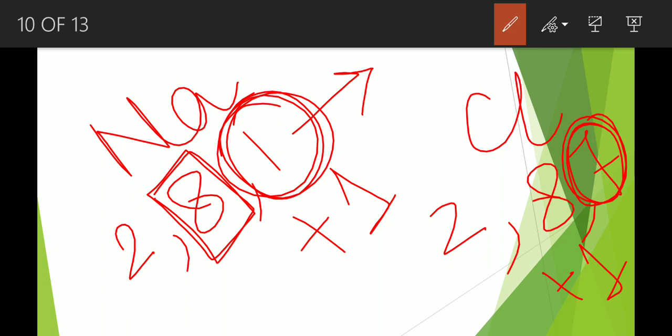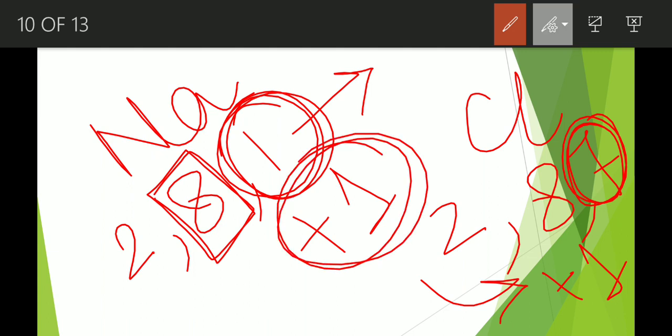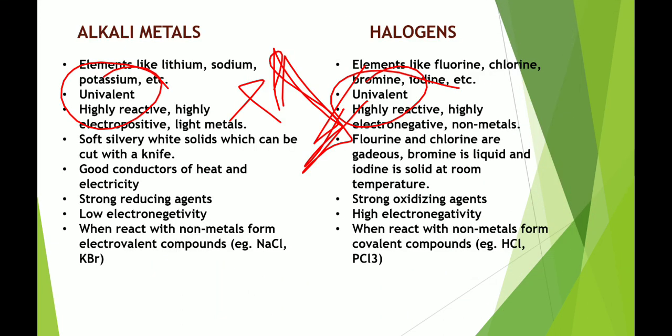So, chlorine will basically accept 1 electron so as to achieve octet, right? So as chlorine is accepting 1 electron, that's why its valency is also 1. So I think now it's clear why both alkali metals and halogens have valency 1.